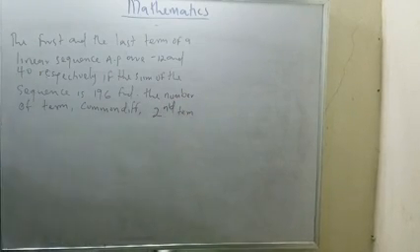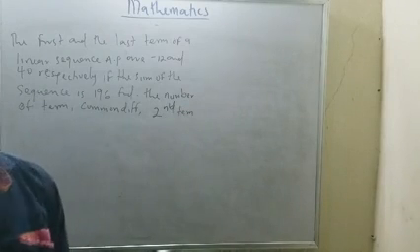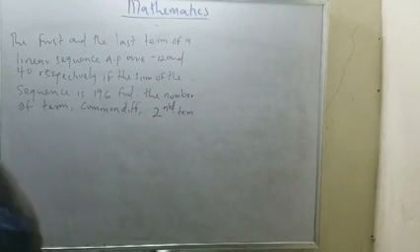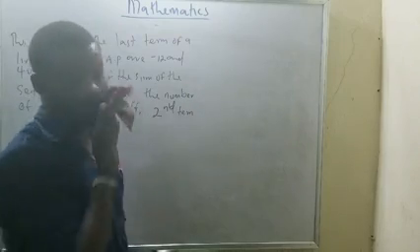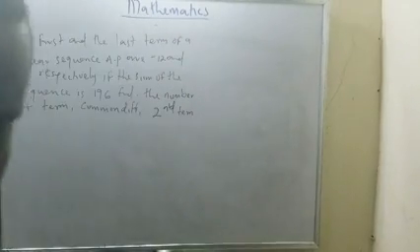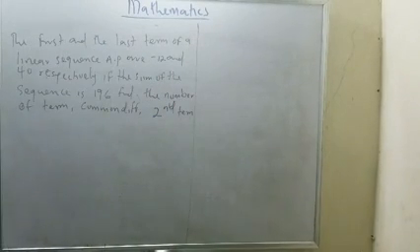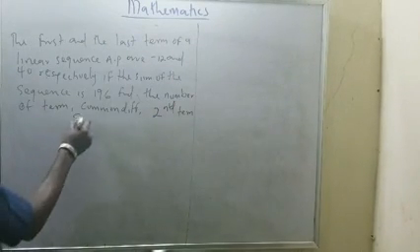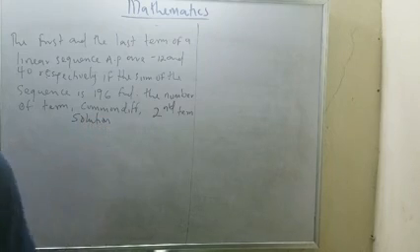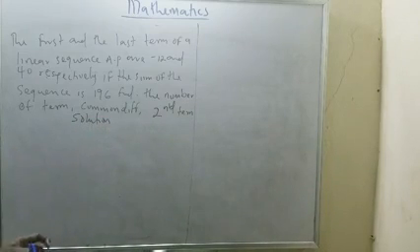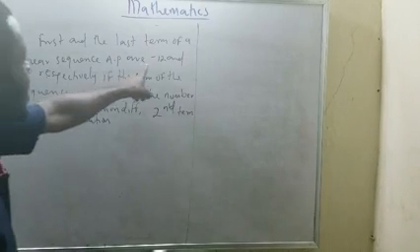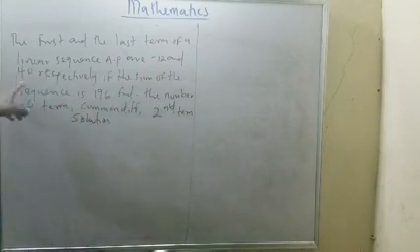Now, I have this question to solve. It will explain everything about the sum of AP, arithmetic progression. Now, how do I solve this question? They said the first and the last term of a linear sequence AP are minus 12 and 40.